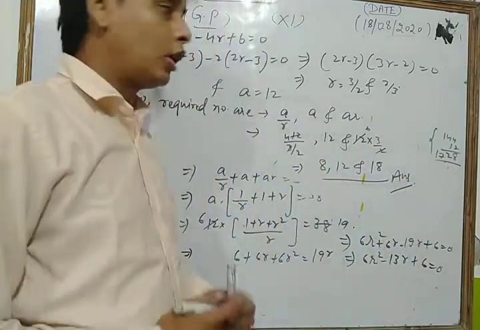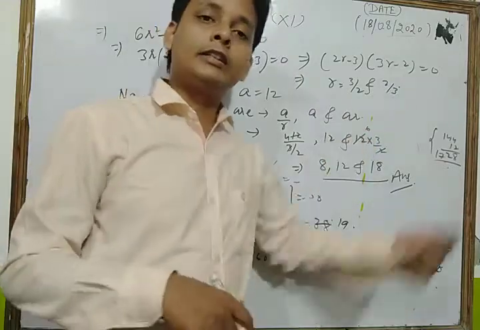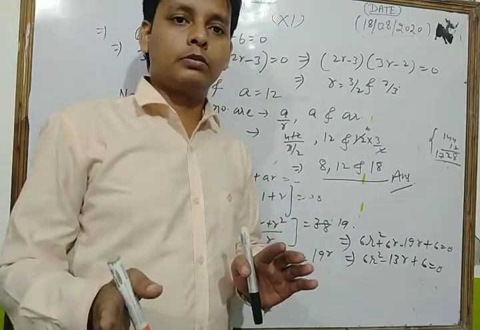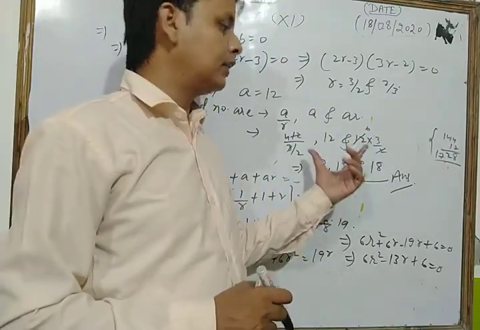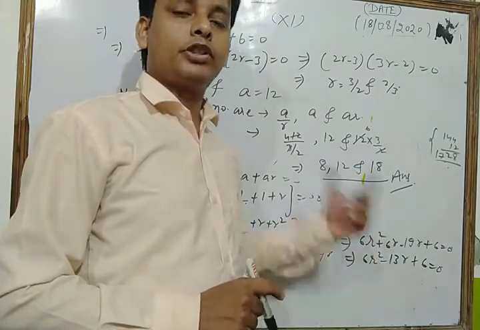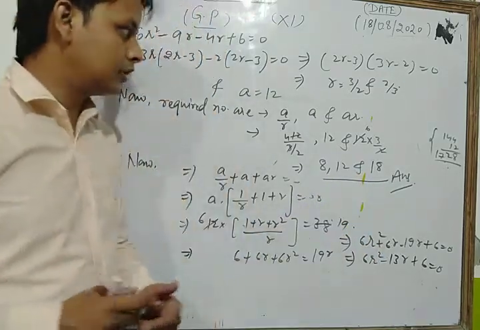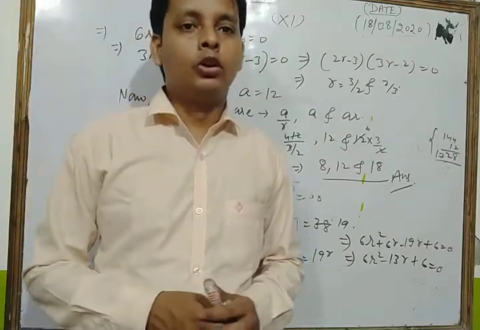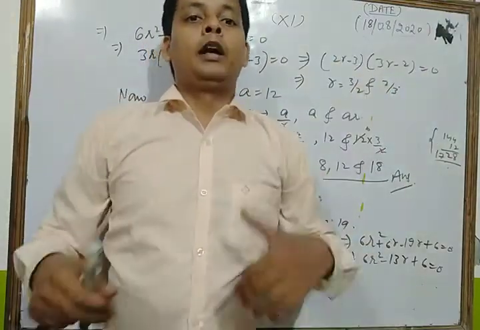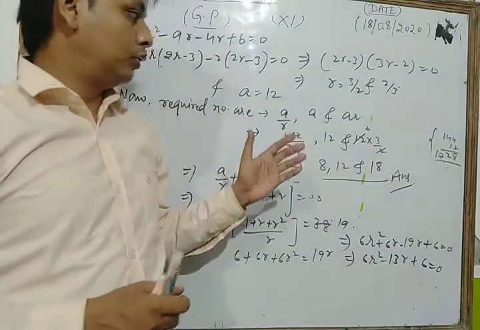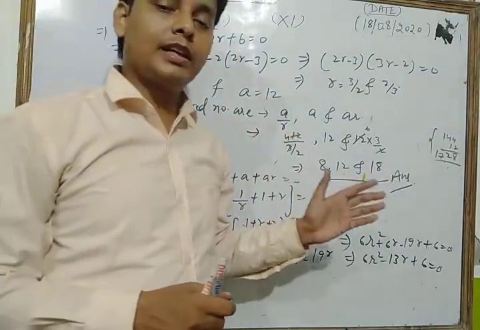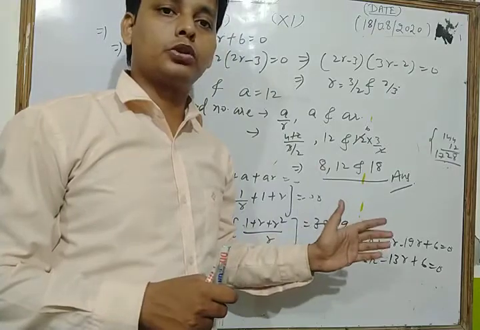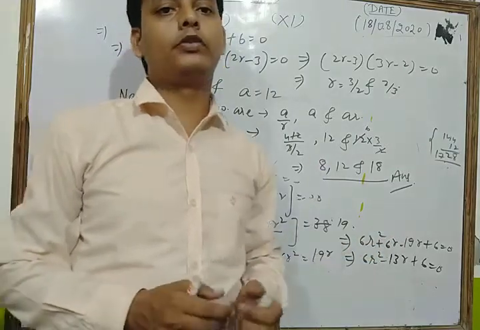This is our answer. Now if you take r as 2 by 3, then you get another set of 3 numbers. So both are the required 3 numbers which are in GP. So dear student, in this way you can solve this type of question. First you revise all the topics and solve some questions based on each topic of your NCERT.